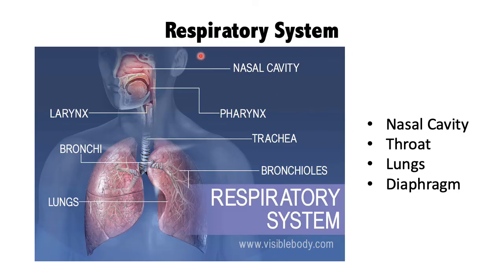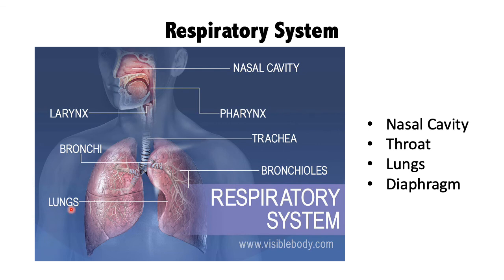All right, let's talk about the respiratory system, which involves the nasal cavity, pharynx, larynx, bronchi. Basically, those are the cells within the lungs, and bronchioles as well. This is where gas exchange occurs between the environment and the inside of your body. So this is the site for the exchange of oxygen and carbon dioxide.